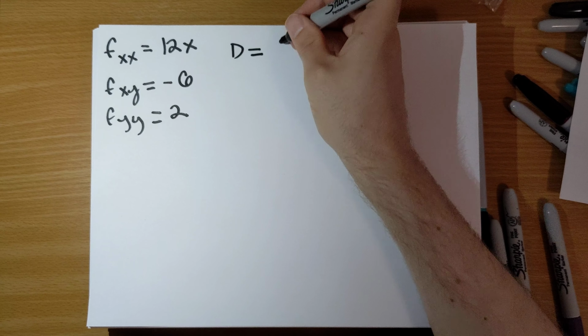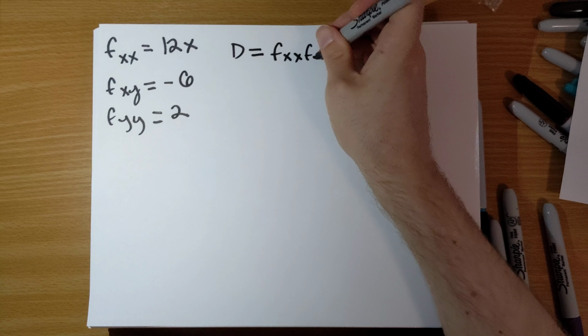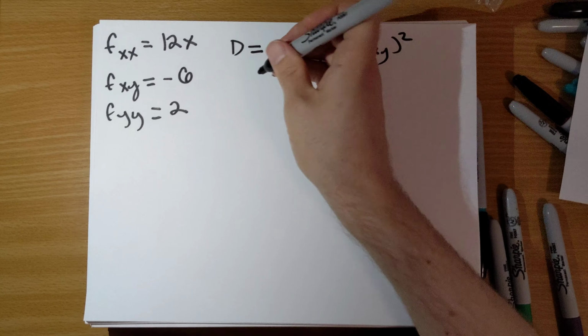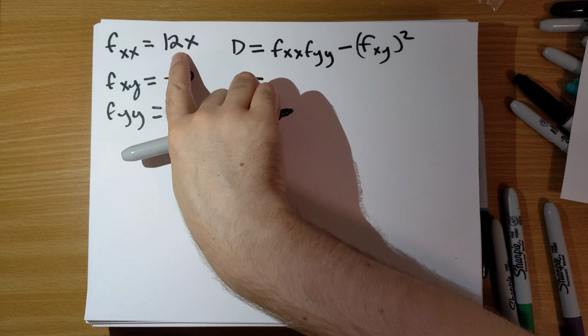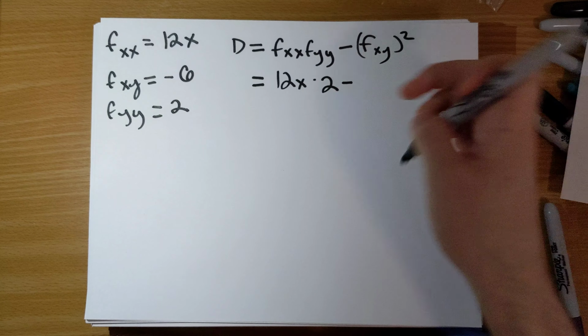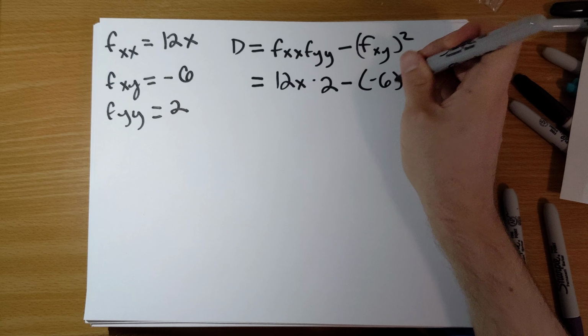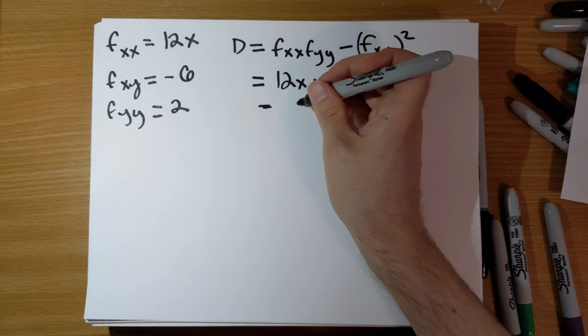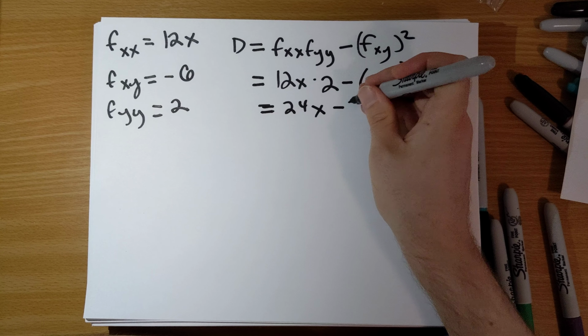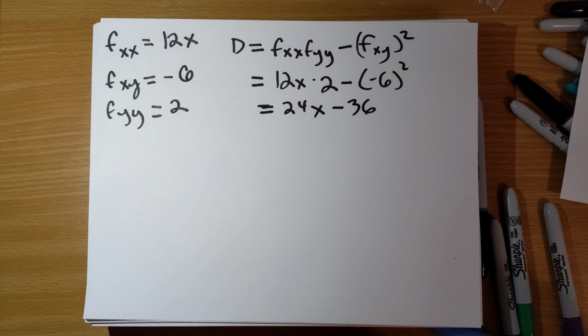So our discriminant is f sub xx times f sub yy minus f sub xy squared. That's going to be 12x times 2 minus negative 6 squared, so 24x minus 36 is our discriminant.